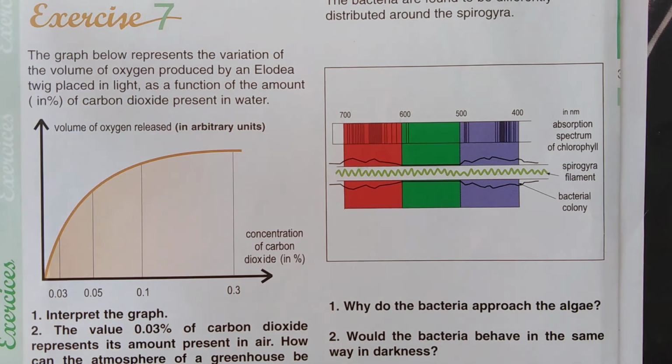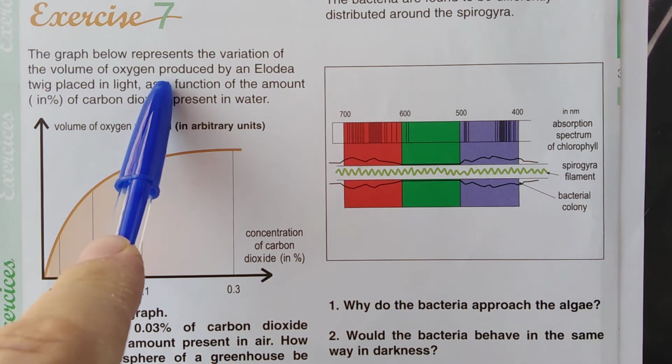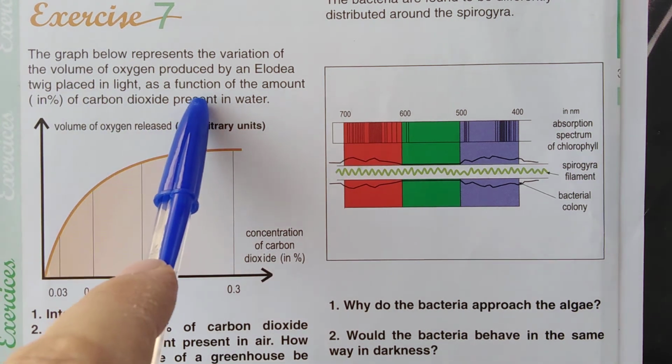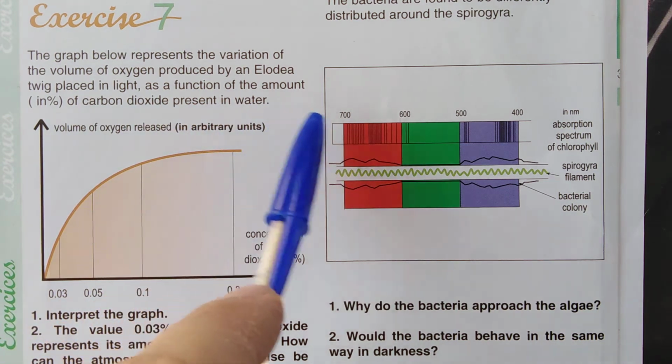Let's see exercise 7 on page 31. It says here: the graph below represents the variation of volume of oxygen produced by an elodea twig placed in light as a function of the amount, meaning percentage, of carbon dioxide present in water.